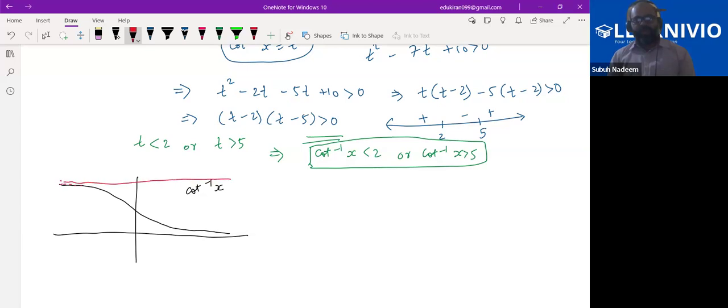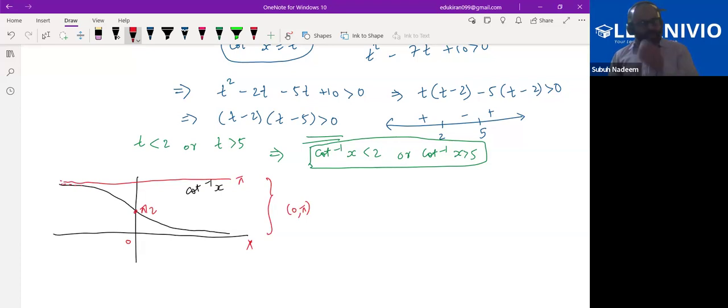We call such a line an asymptote, which intersects at infinity, so tangent at infinity. So it is pi. And this is the x-axis. And this point is pi by 2. So cot inverse x lies between 0 and pi. It is neither equal to pi or greater than pi, nor equal to 0 or less than 0. It is in between 0 and pi.